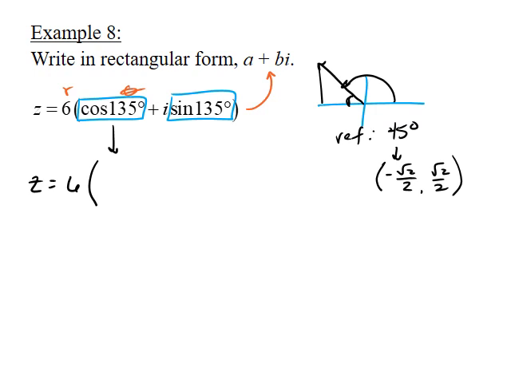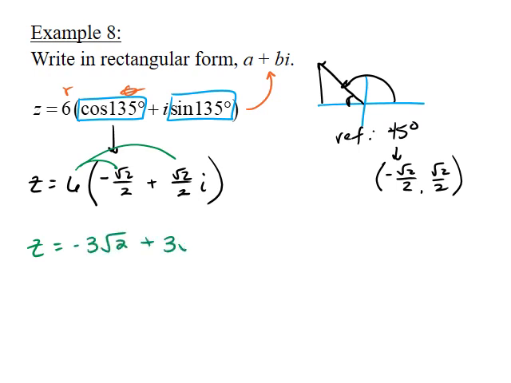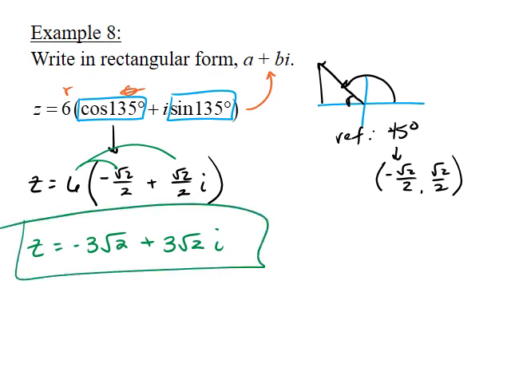So cosine of 135 degrees is negative root 2 over 2 plus sine of 135 is positive root 2 over 2 times i. Now, to get this into rectangular form, I will distribute that 6 and reduce. So this becomes negative 3 root 2 plus positive 3 root 2 i. And that is the final answer.